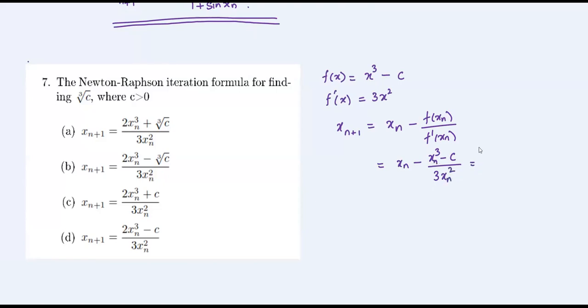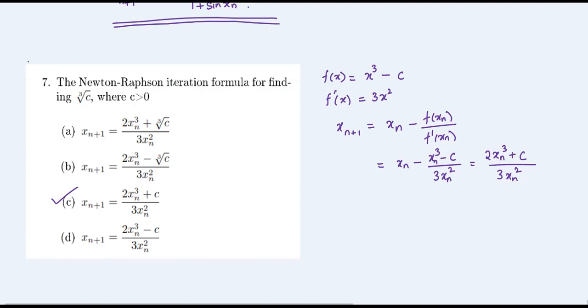So 3 minus 1 will be 2, plus c by 3xn square. This will be the solution. D is the solution. No, sorry, C is the solution. Okay, so this is the solution.